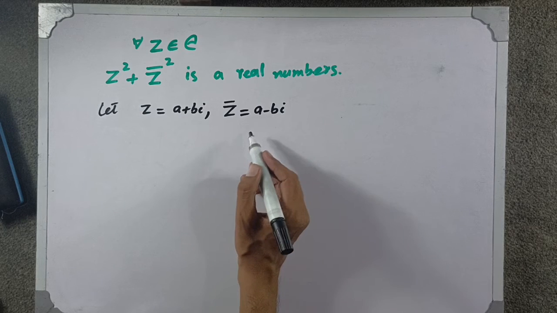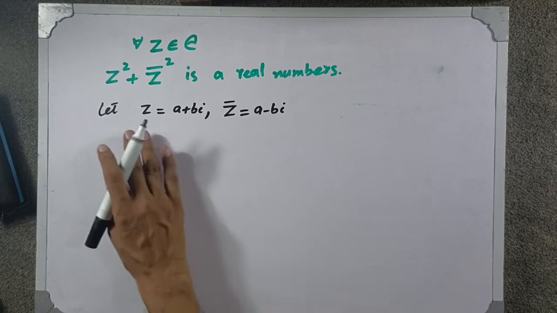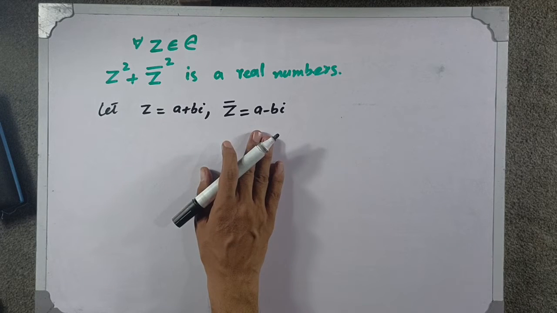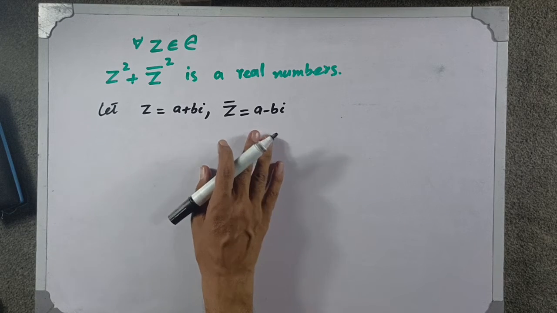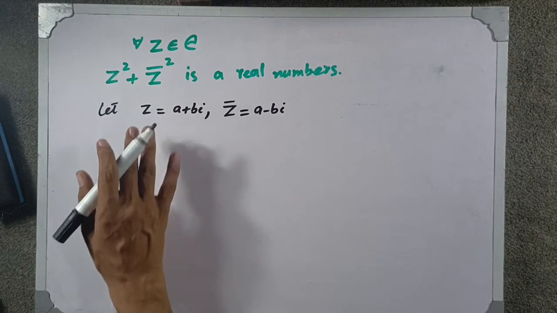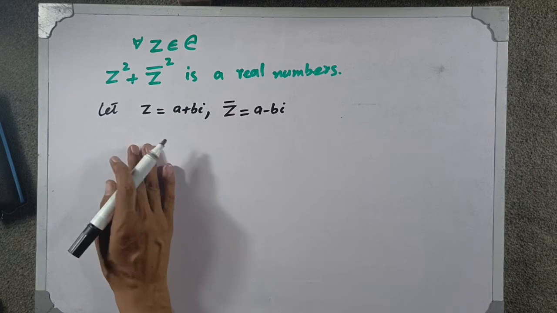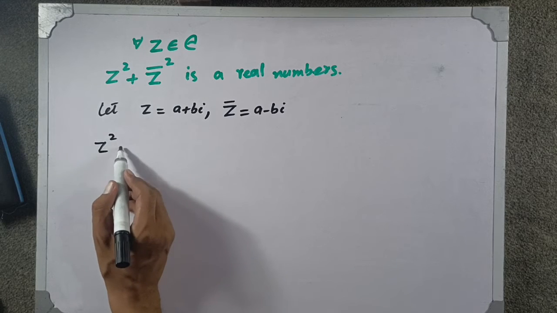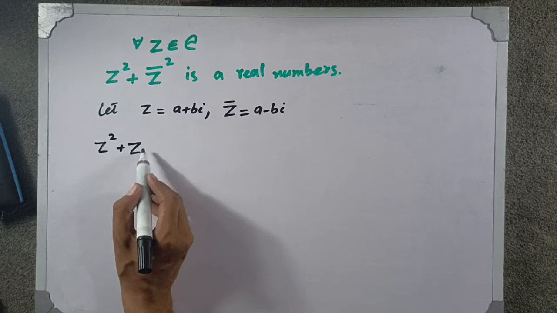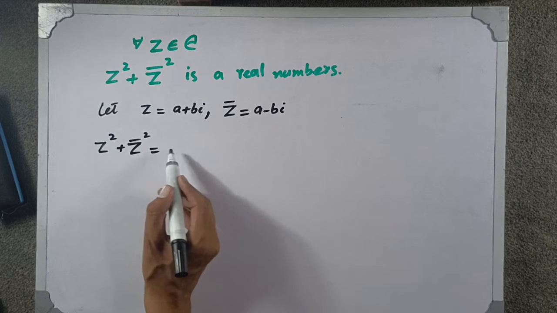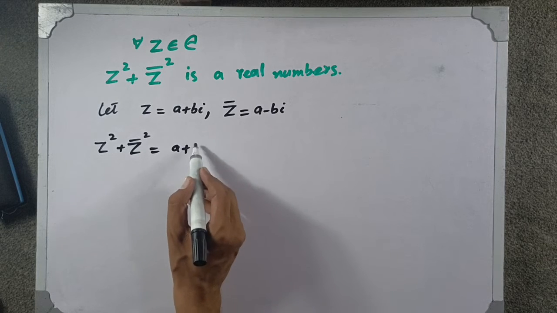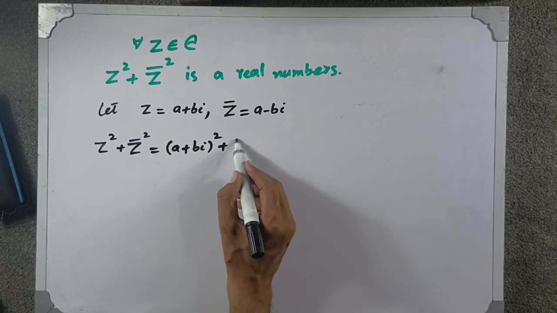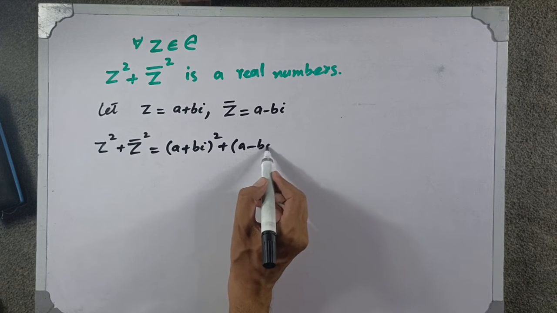a minus b iota. So we have these two complex numbers, and we have to sum them up by taking the square of each of them. So z square plus z conjugate square will equal (a plus b iota) square plus (a minus b iota) square.